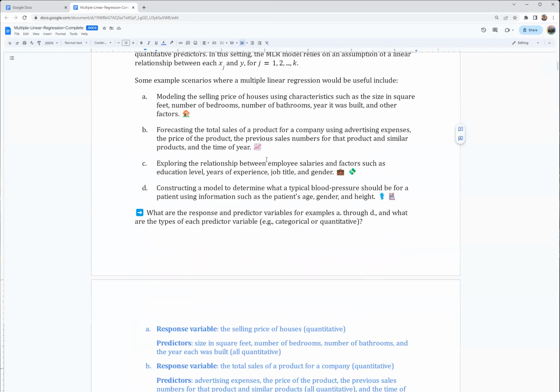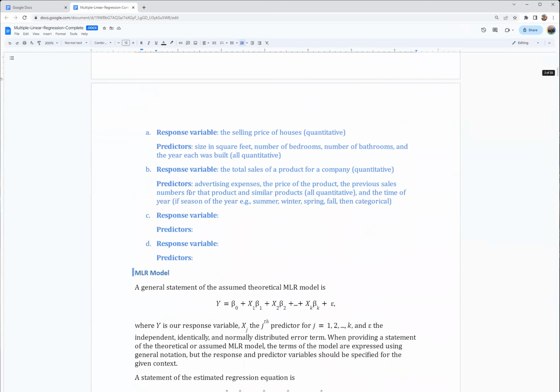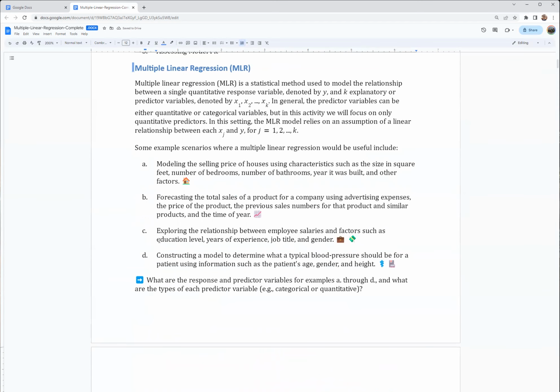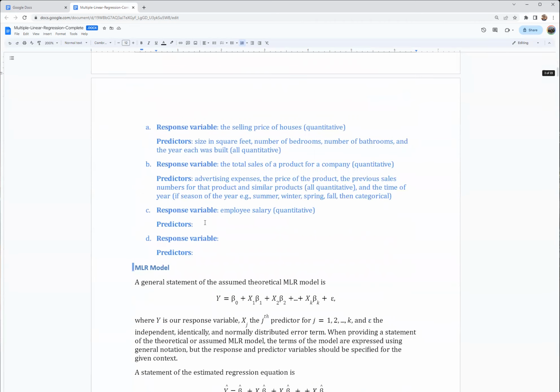And let's see, if we were looking at the employee salaries, okay, so employee salary would be the response, right? Which is quantitative. And the predictors in that case are education level, years of experience, job title, and gender. So education level would be categorical. Maybe like high school degree, bachelor's degree, master's degree, so on.